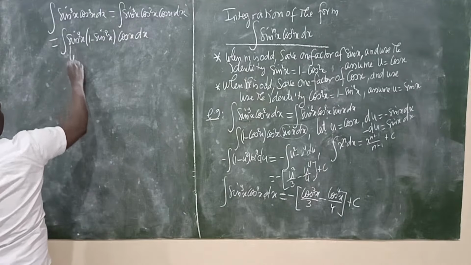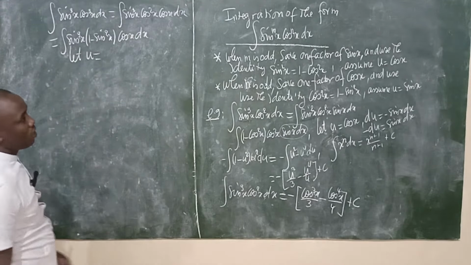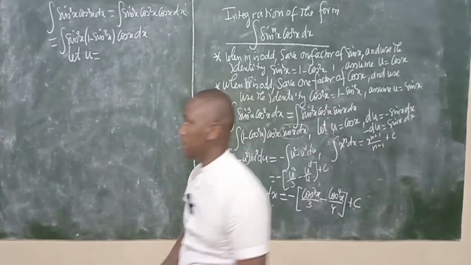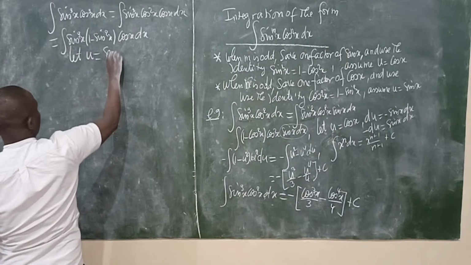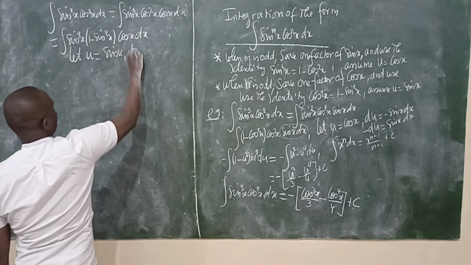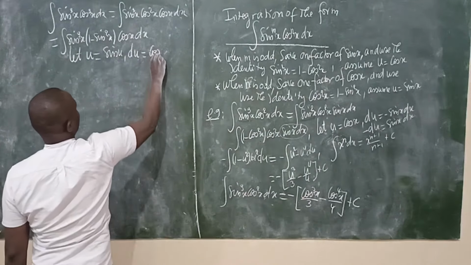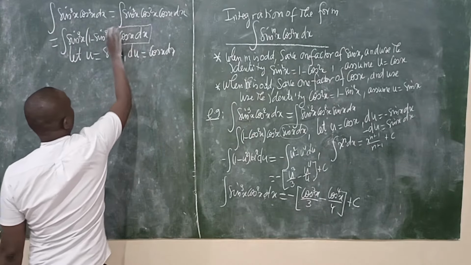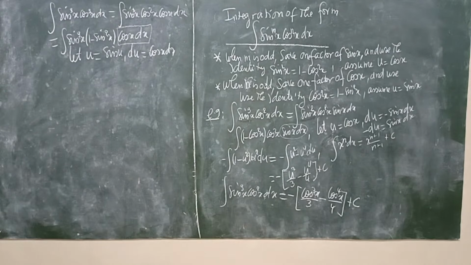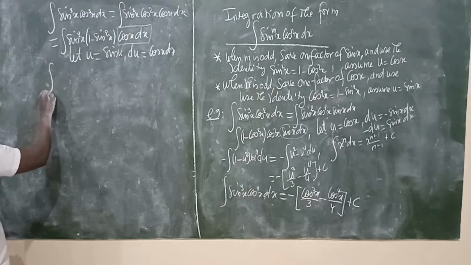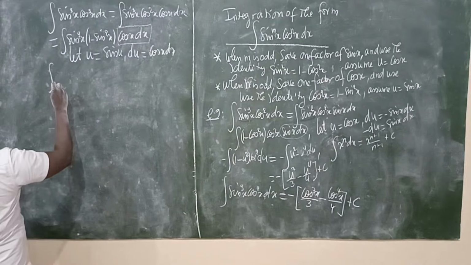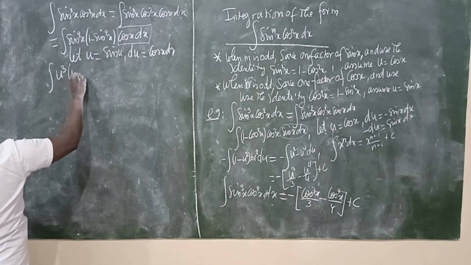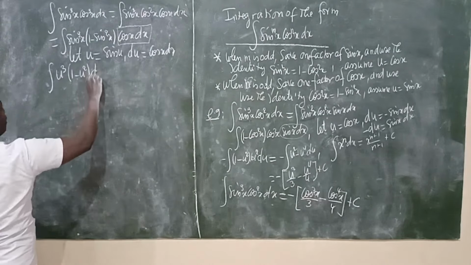Now, let's use u, where u is going to be sine x. Du will be cosine x dx. As you see, all of this stuff will be replaced by du. Now, the integral will be u^3 into 1 minus u^2 du.